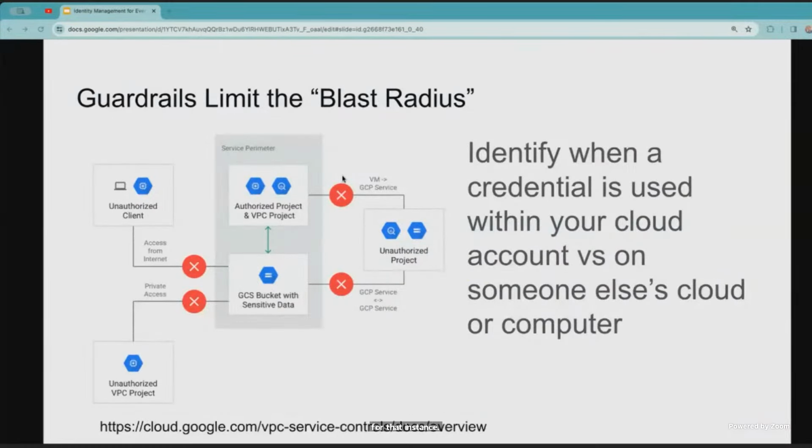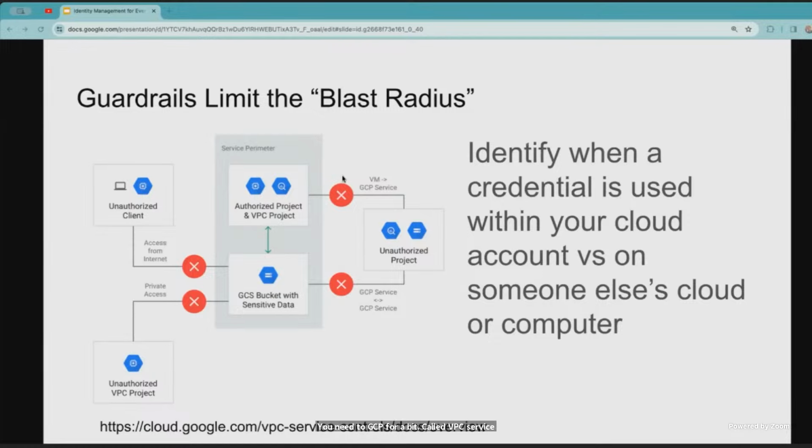So in the case of that, the best thing that we can do is actually put in place guardrails that limit the blast radius of a single credential leak from a workload. And what you're looking at on screen is actually a very cool feature that's unique to GCP, or was unique to GCP for a bit, called VPC service controls.